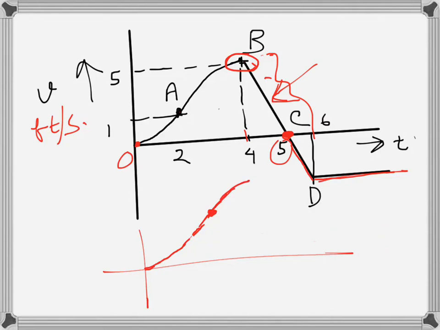So this is what will happen from B to C. At C, the displacement will be maximum, and from C to D, the displacement will start to decrease because the velocity has changed direction. It is now reversed, and it is still the same slope straight line, so it will keep the same concavity. It will be like that up to D.